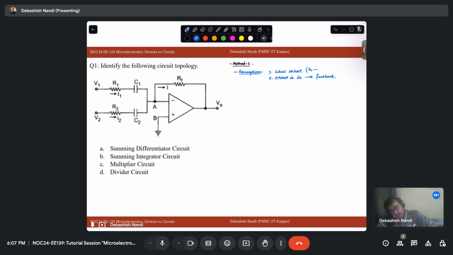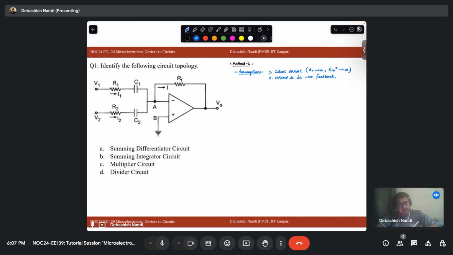Your open loop gain is tending to infinity. Your input resistances at both terminals, plus and minus, are tending to infinity. That is what is meant by an ideal op-amp.